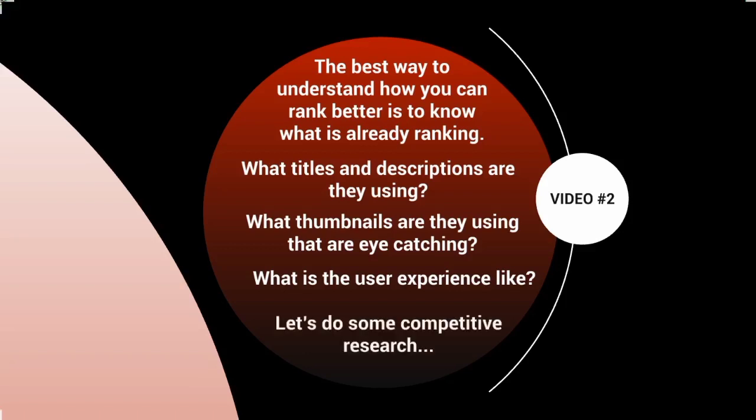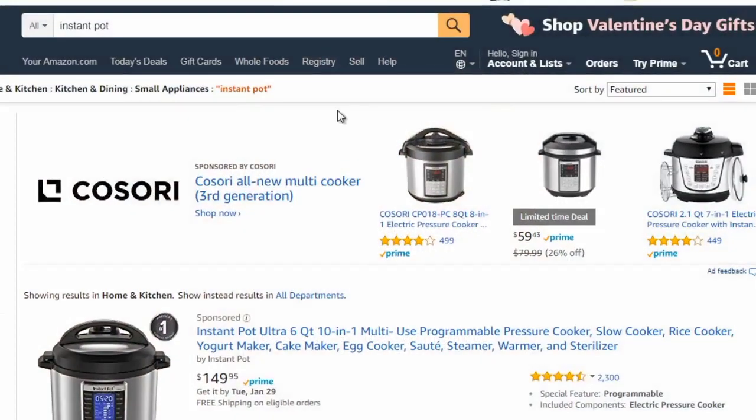Let's go ahead and do some competitive research. To make sure that we find YouTube videos that actually relate to promoting a product, I'm just going to pick a product out of the blue and take a look at YouTube.